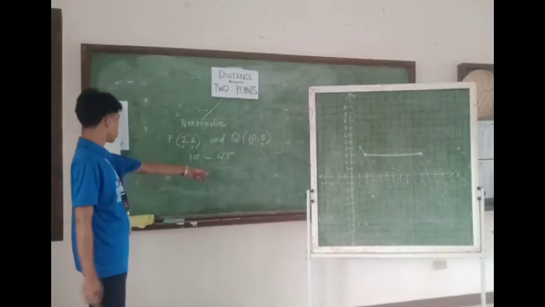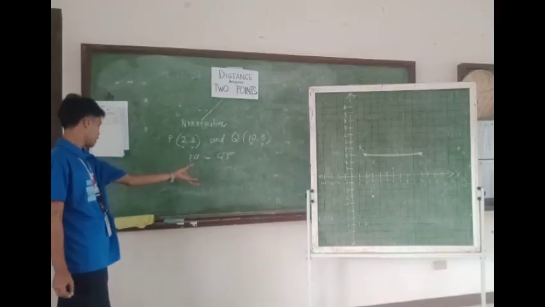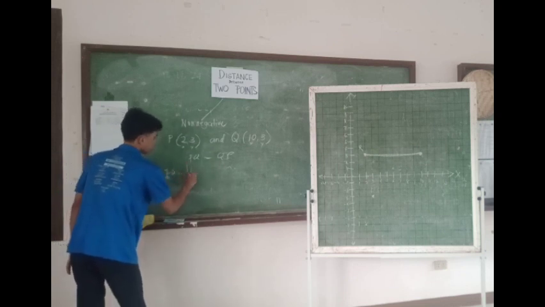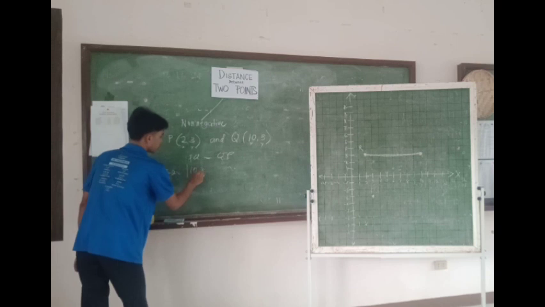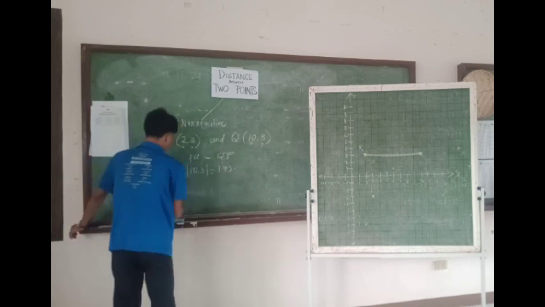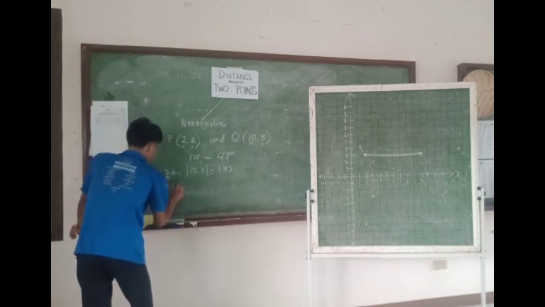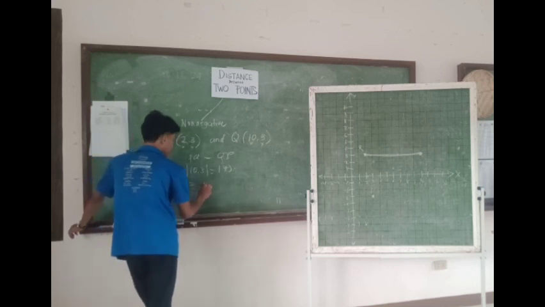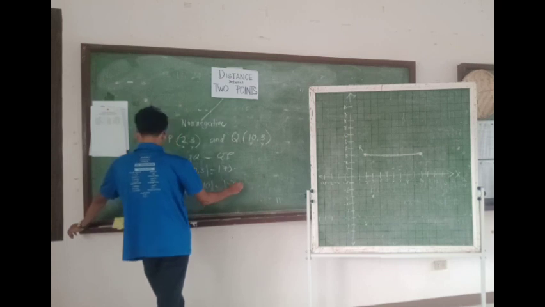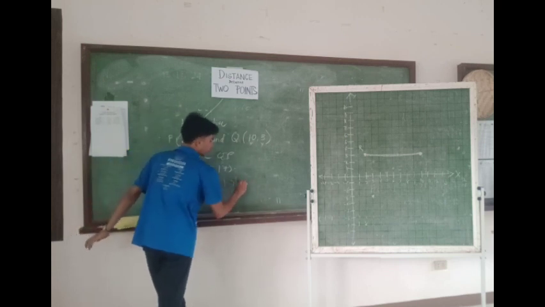Since P and Q are aligned horizontally, PQ is equal to the absolute value of 10 minus 3, which is equal to 7. Or PQ is equal to the absolute value of 3 minus 10, which is negative 7, or 7.